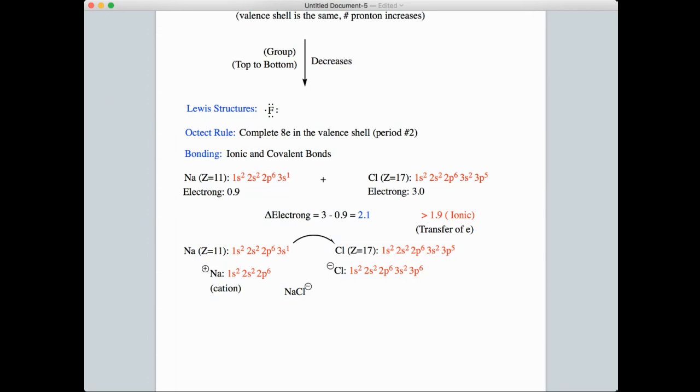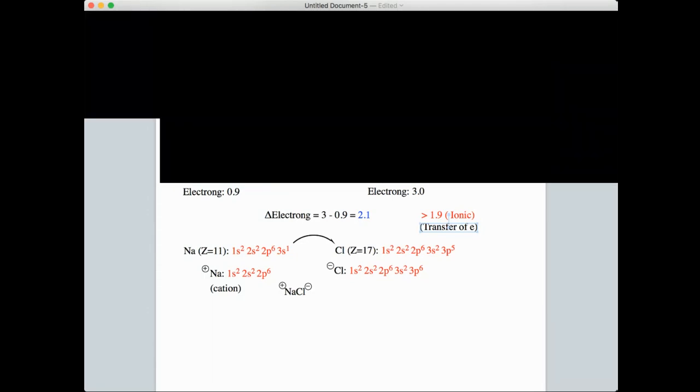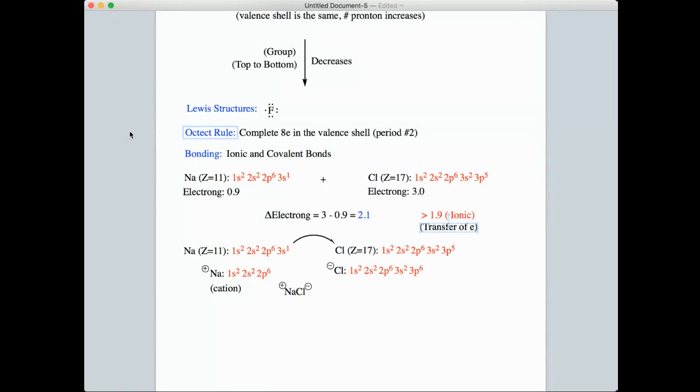So remember what I said in the previous class: ionic bonds involve transfer of an electron from the lowest to the highest electronegative atom. We are transferring electrons, therefore creating ions, and the bonding between these ions is going to be very strong.